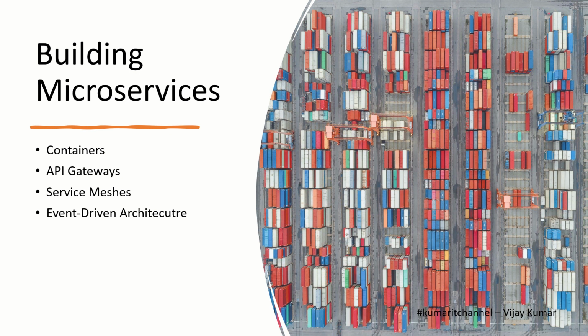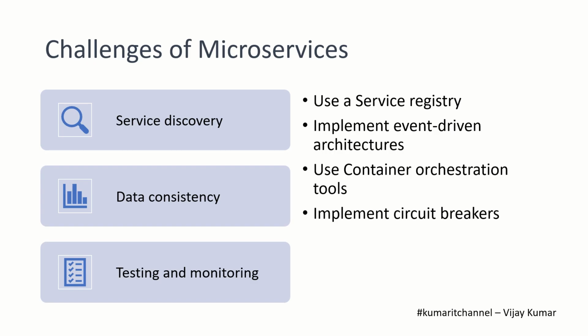These are the things that an organization will definitely consider whenever they want to modernize their systems and build microservices. These are the four things that play a very important role: containers, API gateways, service meshes, and obviously they have to follow the event-driven architecture. Okay, now let's move on to the next one.